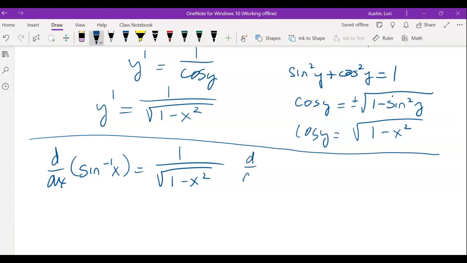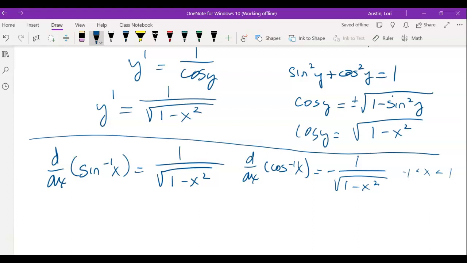And d dx, done in similar fashion. It looks like that. We are going to restrict all of these to x being from -1 to 1, but you don't need to worry about that when you're working out problems.